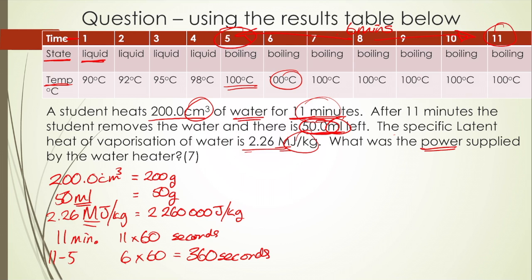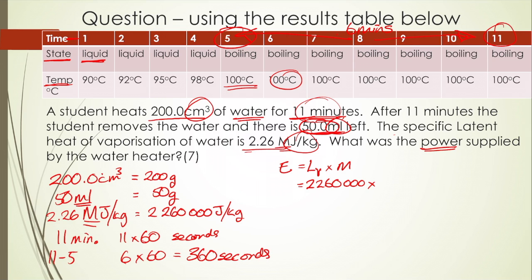Okay, let's get on with the actual maths behind the question then. Now I've got all the amounts in the right units. So we've got the energy required equals specific latent heat of vaporization times the mass in kilograms. So that's 2,260,000 times the mass. Well, that's 200 take away 50.